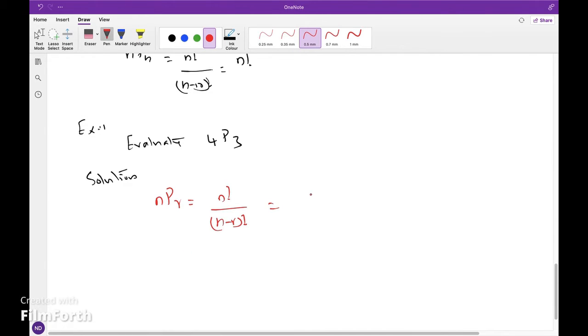So 4P3 is equal to 4 factorial divided by 4 minus 3 factorial. 4 factorial is 4 into 3 into 2 into 1, divided by 1 factorial, that is 1. So the answer is 24.